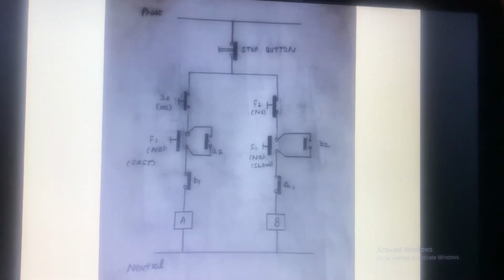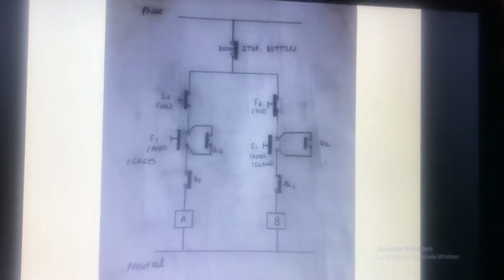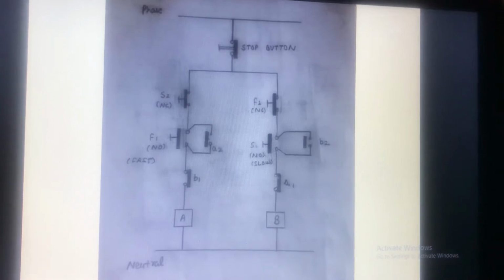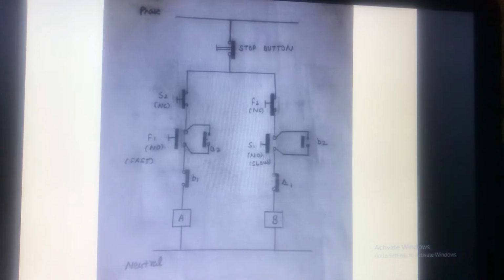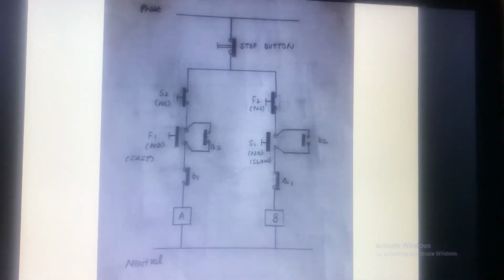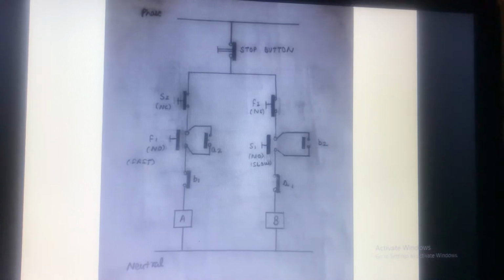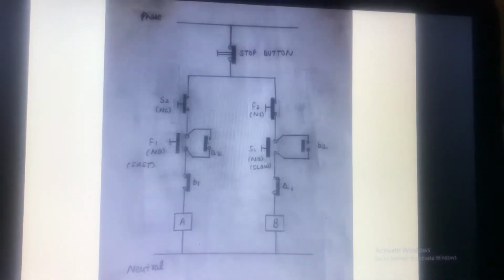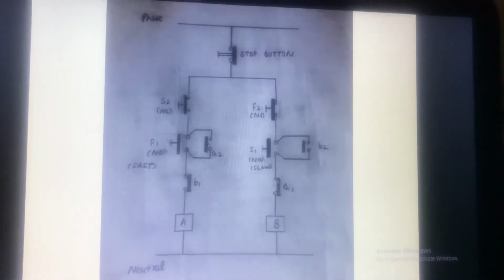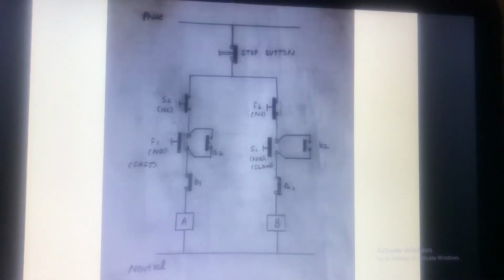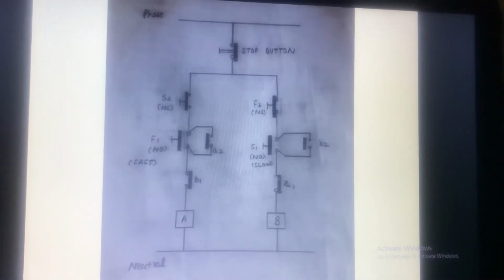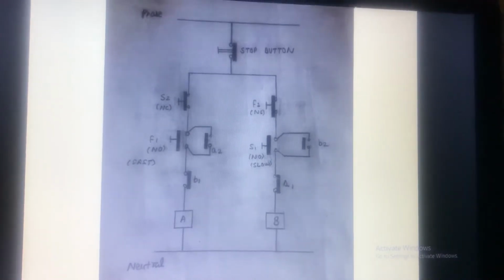So for fast speed, button F1 is pushed, so the contactor A will get energized. The stop button S2 is the normally closed contact of the S1 push button, which is for slow speed. So now it is in the closed position. So contactor A will get energized through stop button S2, F1, B1 and A. When contactor A is energized, its auxiliary contact A2 will close and A1 will open.